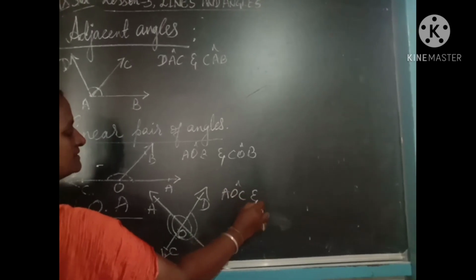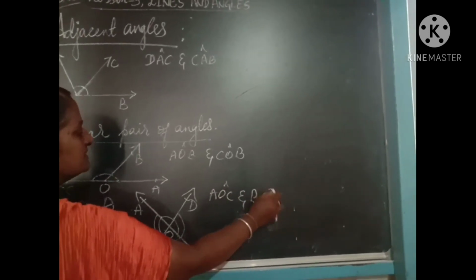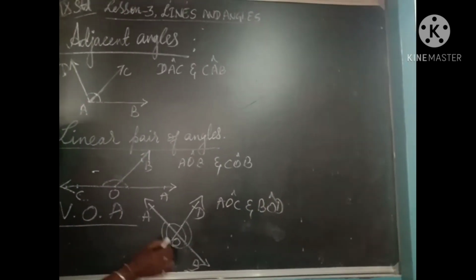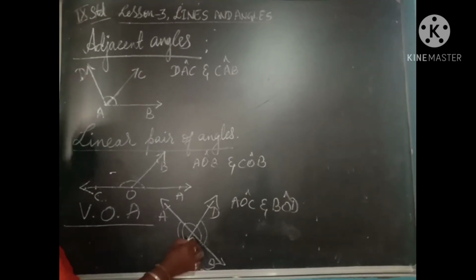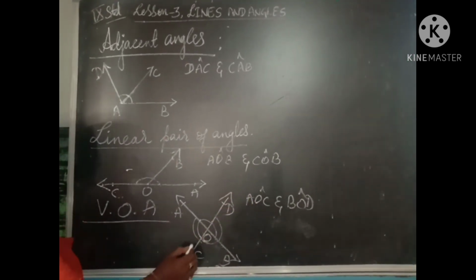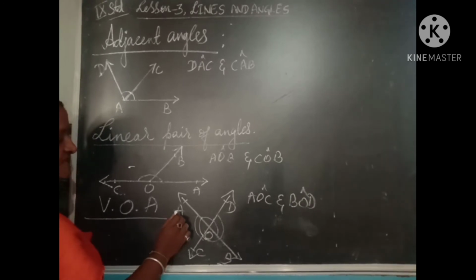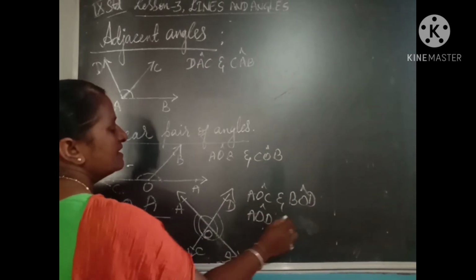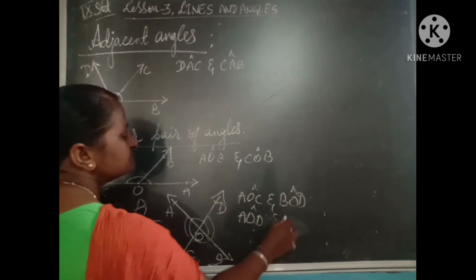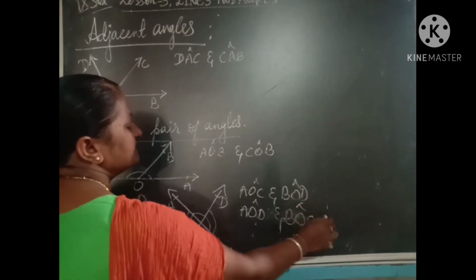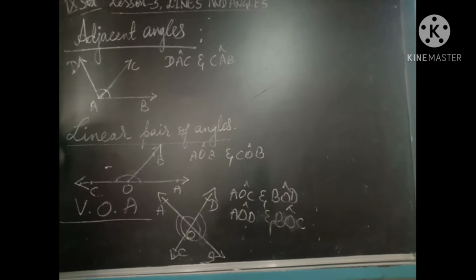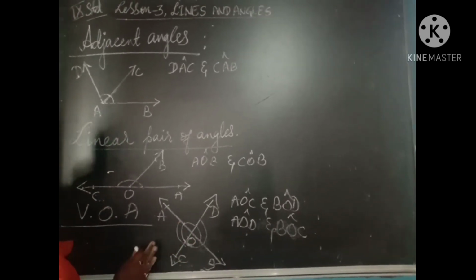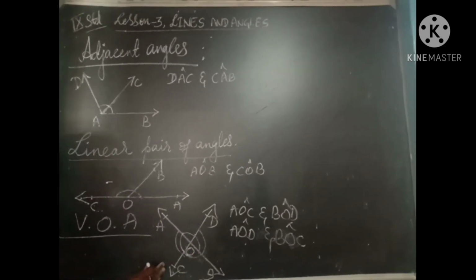AOC and BOD, one pair of vertically opposite angles. Another pair of vertically opposite angles are AOD and BOC. So here we get two pairs of vertically opposite angles.